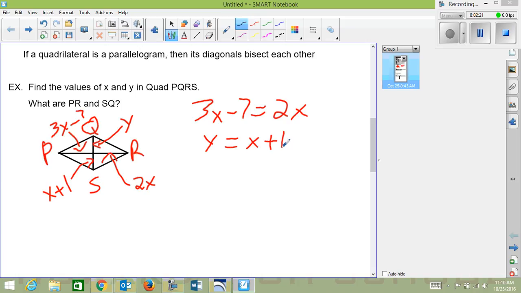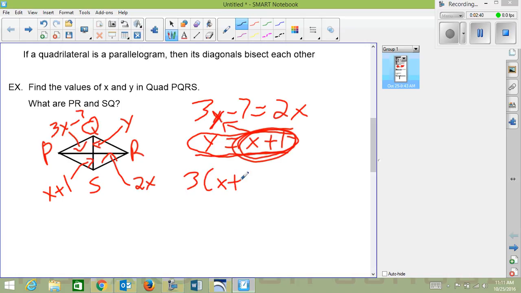So I have a system of equations that I need to solve. Because this one is solved for y already, I can take this whole piece and plug it in for the y in 3y. So 3 times x plus 1 minus 7 equals 2x.